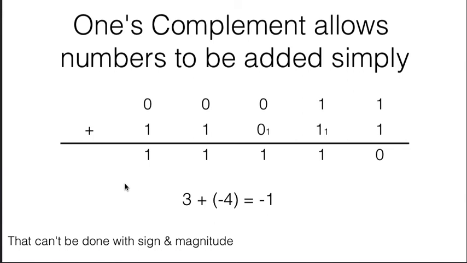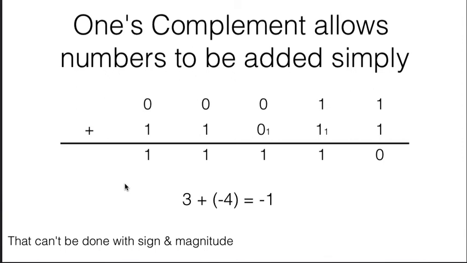if you have positive and negative integers stored using 1's complement, you can add them together like you would do for normal binary addition, and the answer is half decent. So here, for example, we have the top number there is 3, okay?